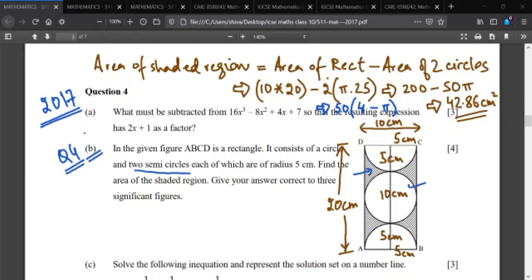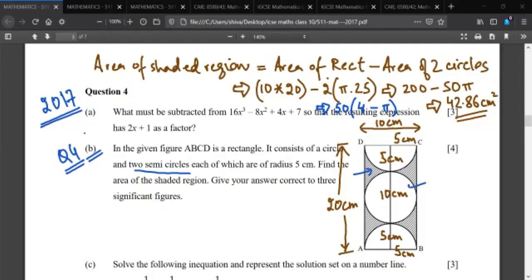One thing that I need to take care of is, first, to understand the figure very well, and second, to spend as little time as possible on the calculation part. Otherwise, I won't get much time for the rest of the paper.